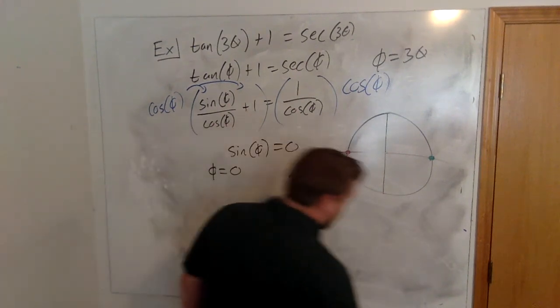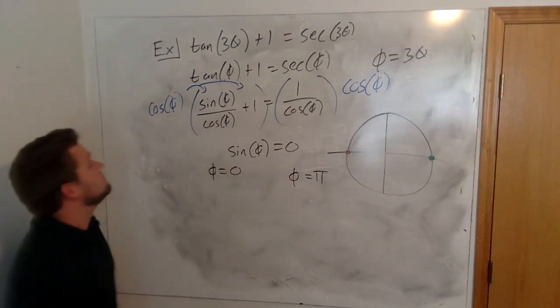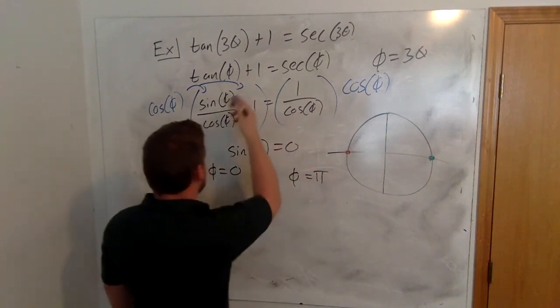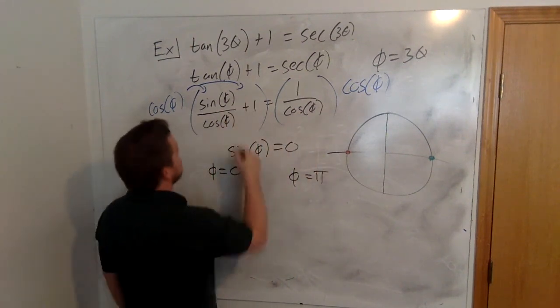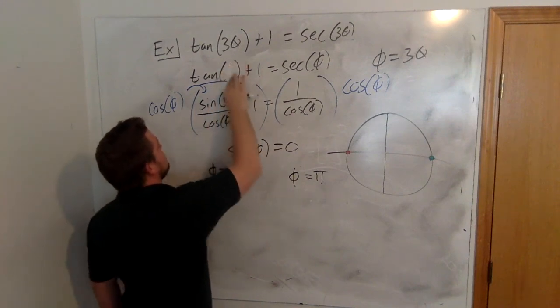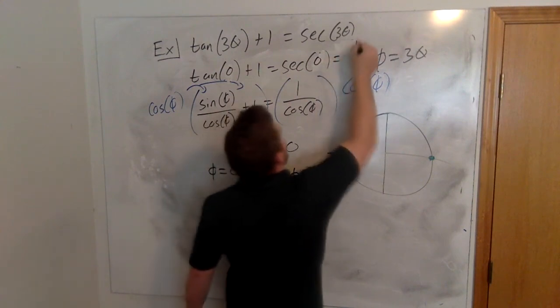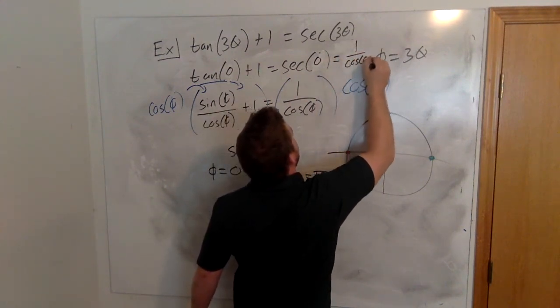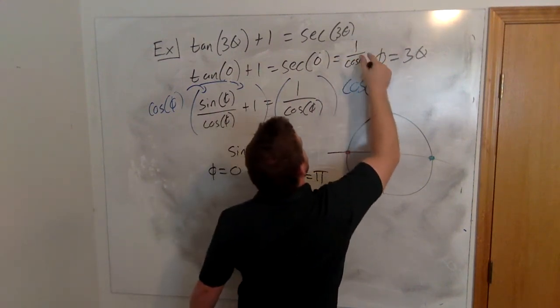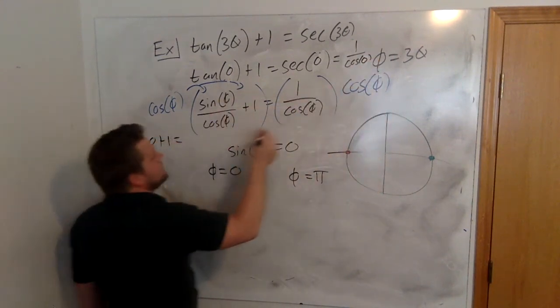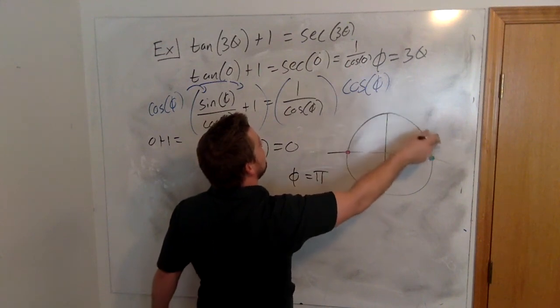Okay, so we would want to make sure to check these, and I think we already checked pi from the last problem. I mean, we could check it again. If we plug in 0 here, this is the same as 1 over the cosine of 0. So tan of 0 is 0, 0 plus 1 is equal to cosine of 0, which is 1.